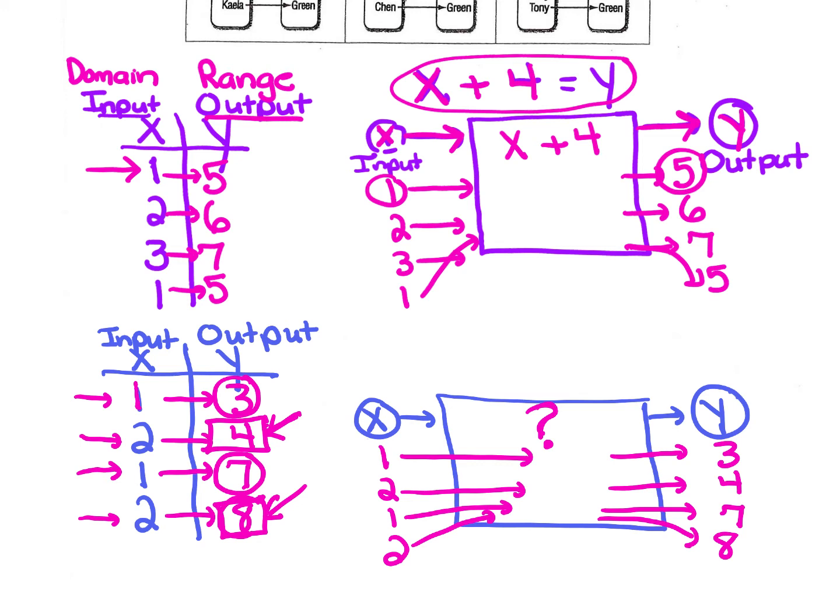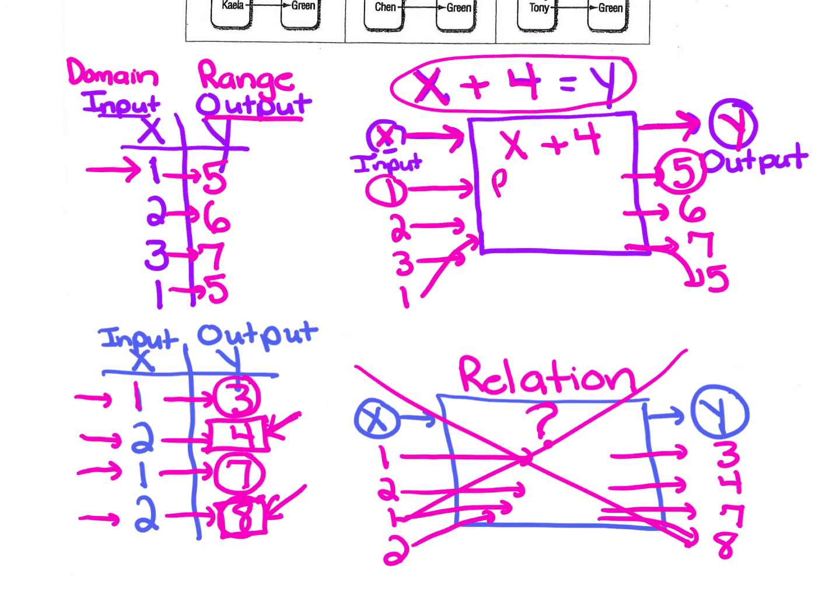So this relation, represented by the machine, is not a function. However, this relation up here, represented by the equation x plus 4 equals y, is definitely a function. Your input values can have only one specific output value.